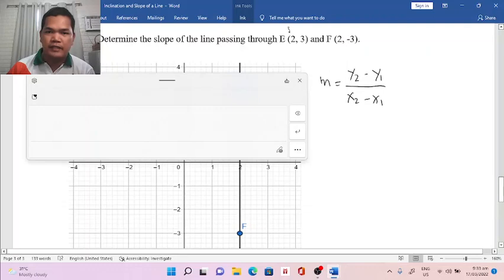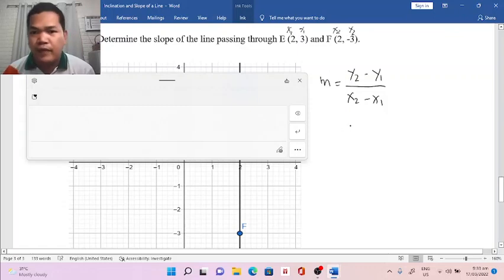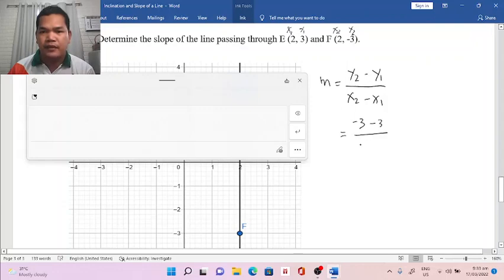This is our x sub 1, y sub 1, and then x sub 2, y sub 2. So this is equal to y sub 2 is negative 3, minus 3, over 2 minus 2, which is equal to negative 3 minus 3 is negative 6 over 0. So m is undefined.